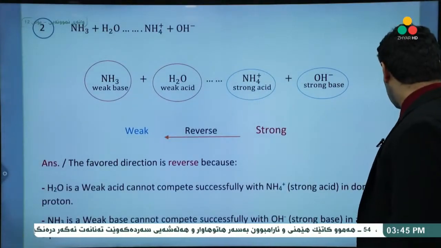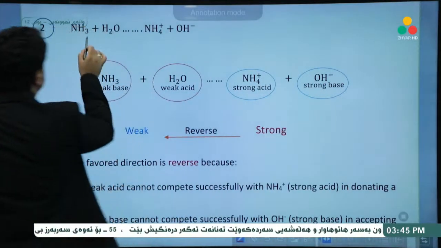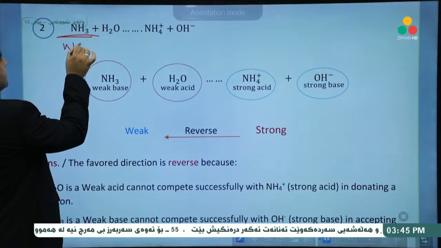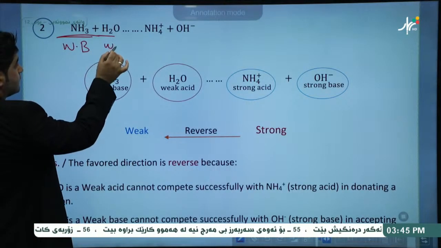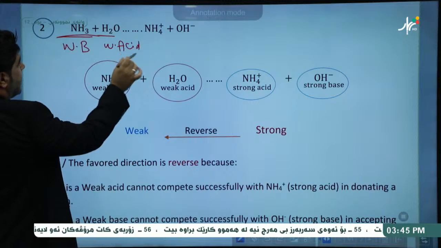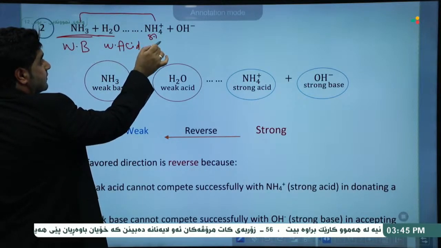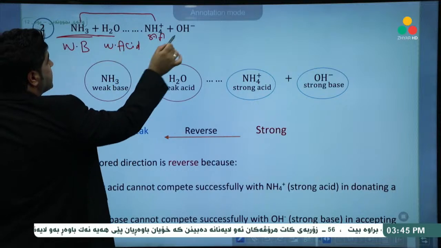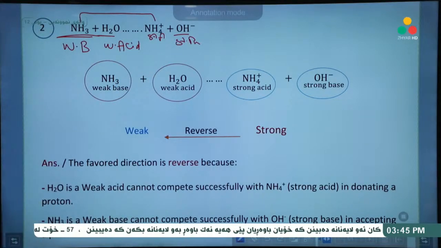And let's do the same thing for this reaction. NH3 is a weak base. Do you remember it's weak? So water will be weak also, but it's an acid. If it's a weak base, its conjugate is a strong acid, and if it's a weak acid, its conjugate is a strong base.